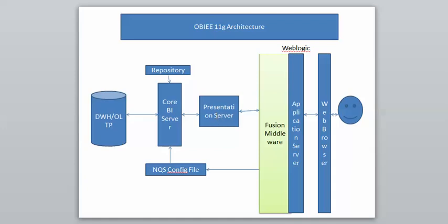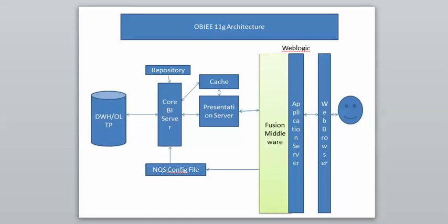And then if the cache is maintained on the presentation server, let us put the cache also, the presentation cache. If the cache is enabled, then it will try to get the data from the cache and give you the results.